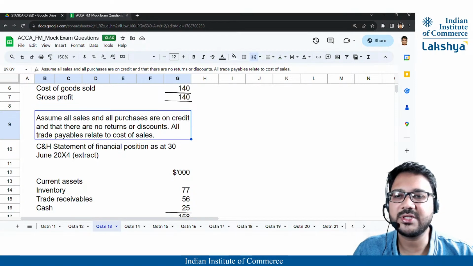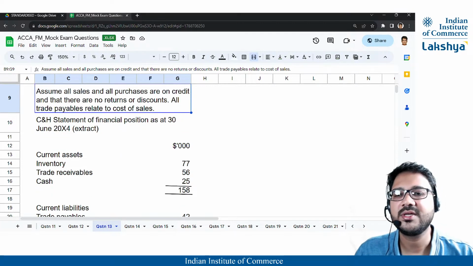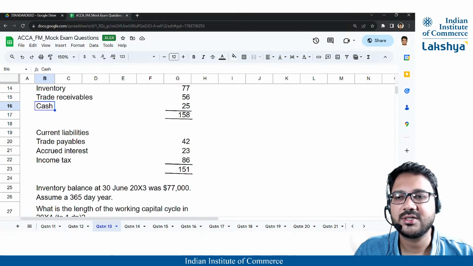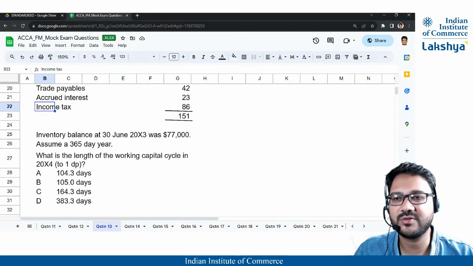All trade payables relate to cost of sales. So that's given explicitly. The CNH statement of financial position as of 30th June, the balance sheet extract, is given: inventory, receivables, cash, then payables, accrued interest, accrued income, income tax, all of that is given.